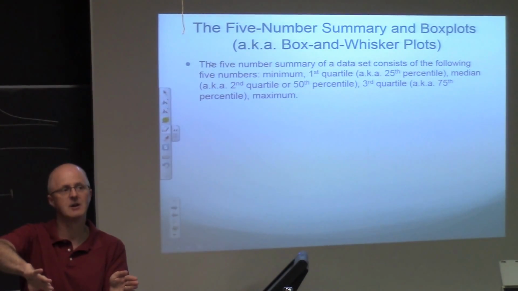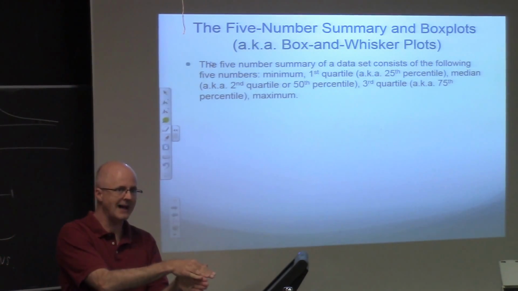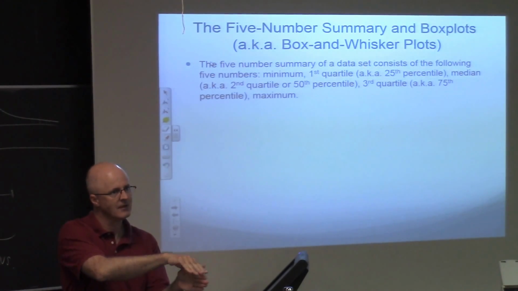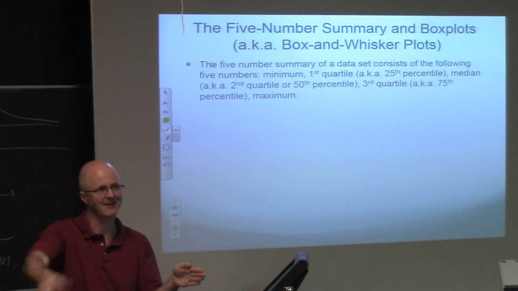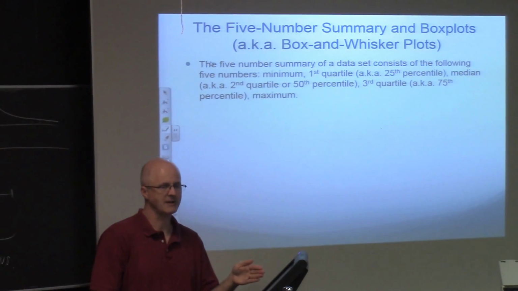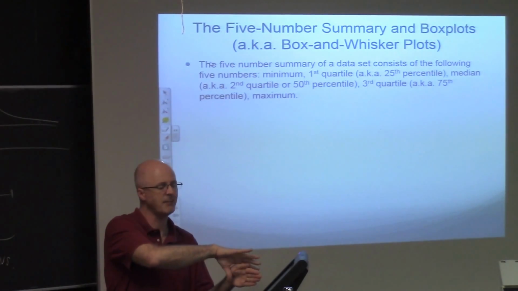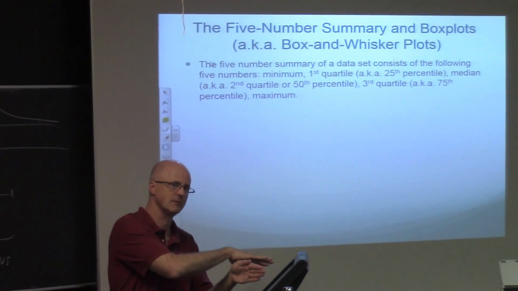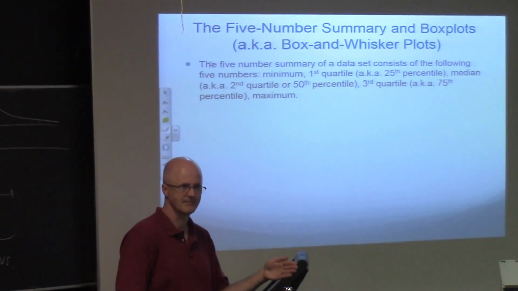The median, which is the middle value, or the average of the 2 middle values. 50% of the data are below it. It's also called the 50th percentile, and 50% are above. The third quartile, also called the 75th percentile, at which about 75% of the data are below it and 25% are above. And the maximum, which is the biggest.